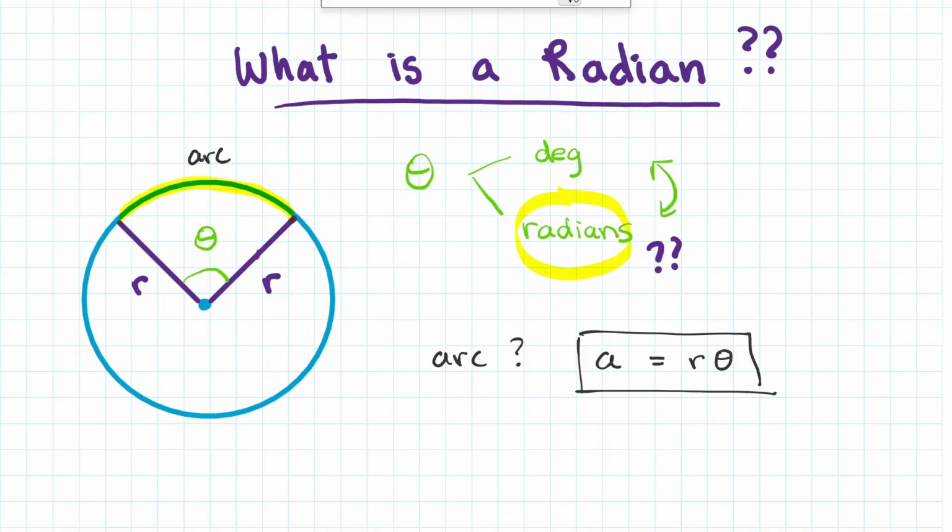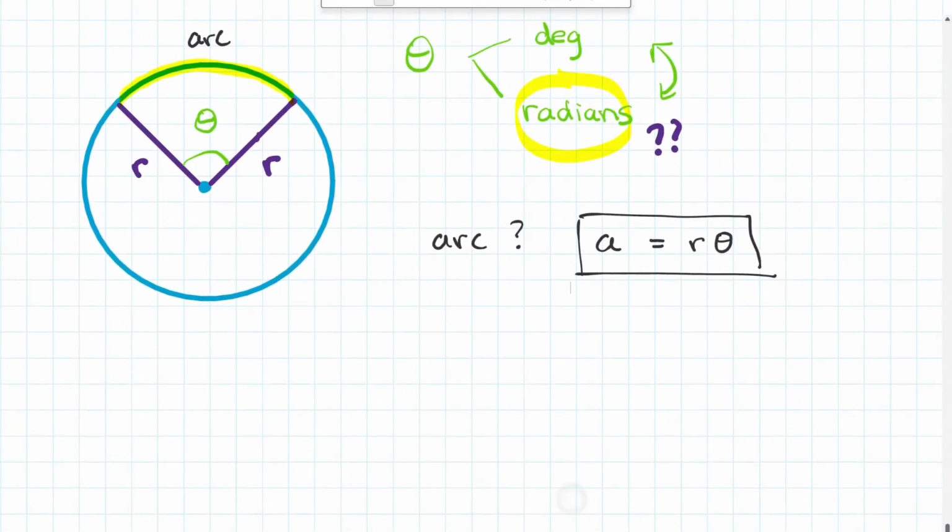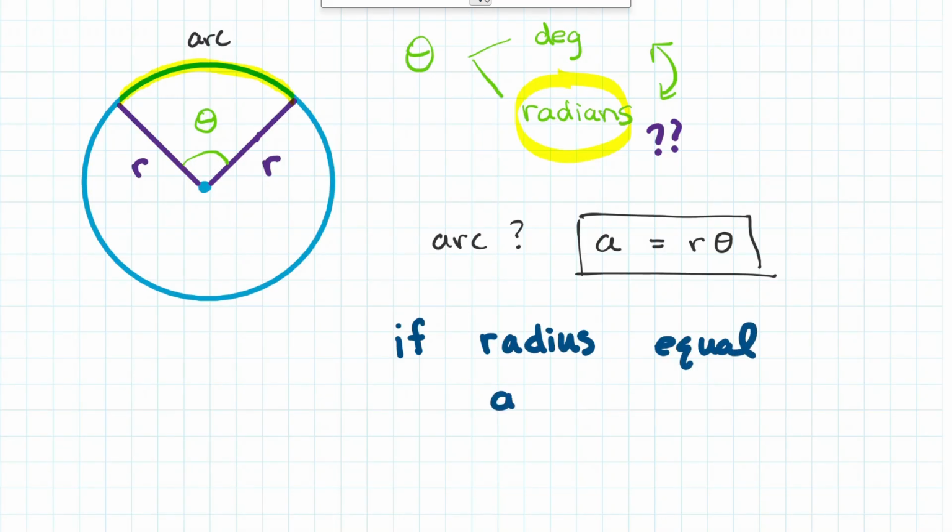Okay, well, how does this relate to radians? This is where the interesting part comes in. If we have that the length of our radius is equal to the length of our arc, so we're saying that the arc here is equal to the length of our radius, then our theta is going to be equal to 1 radian.